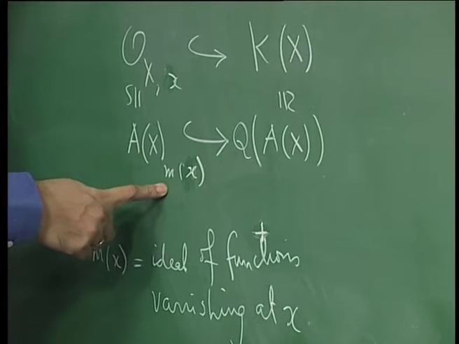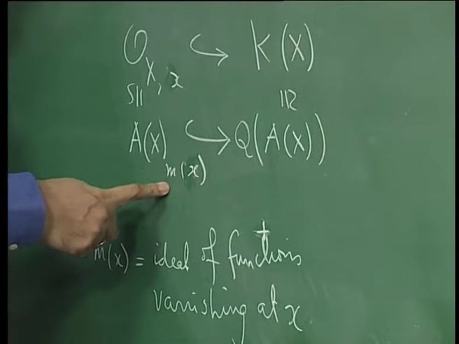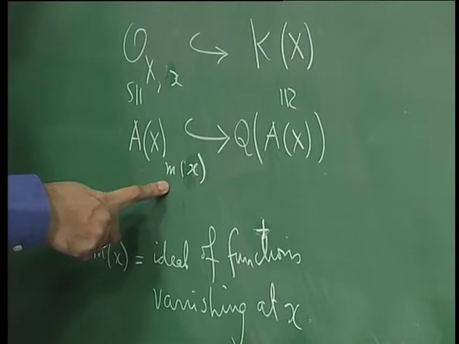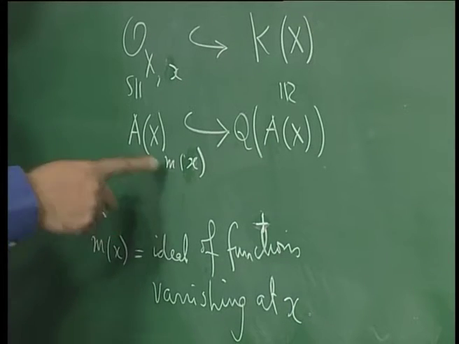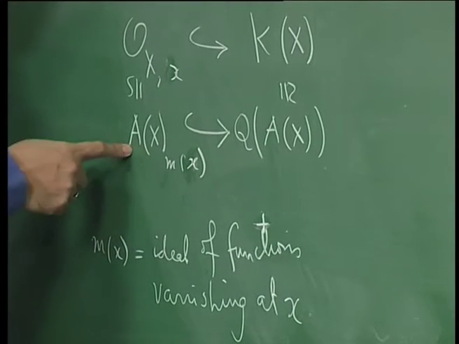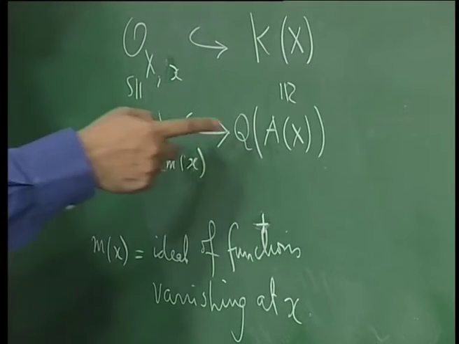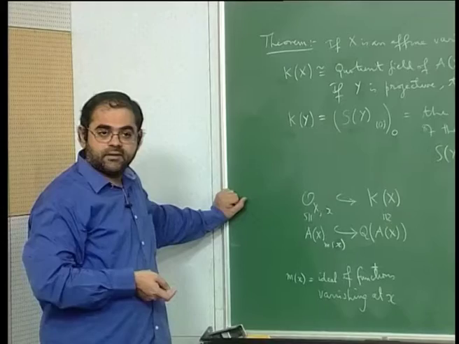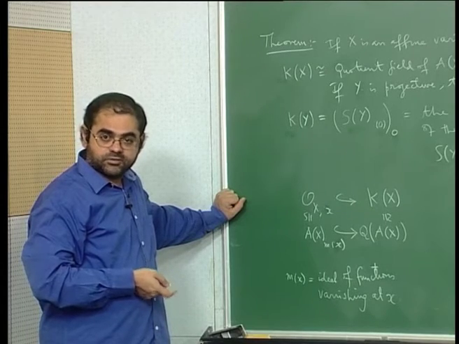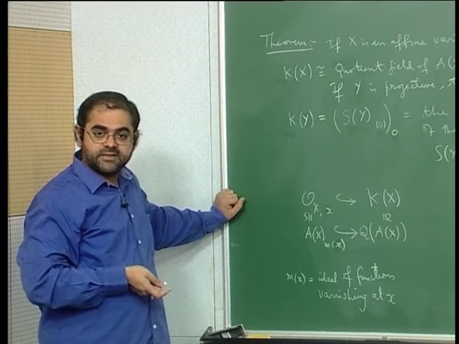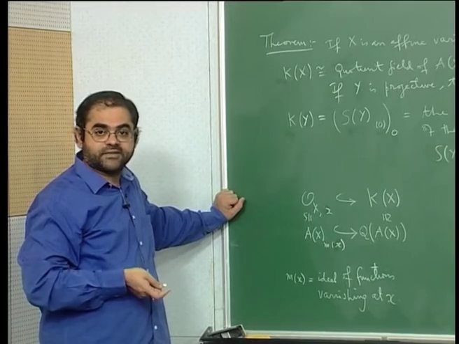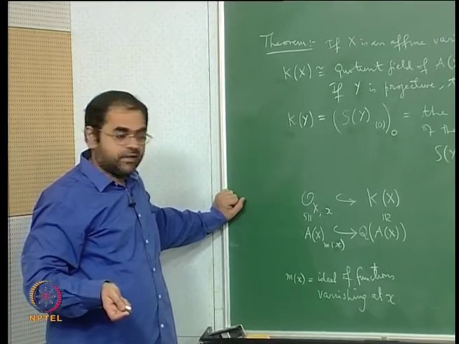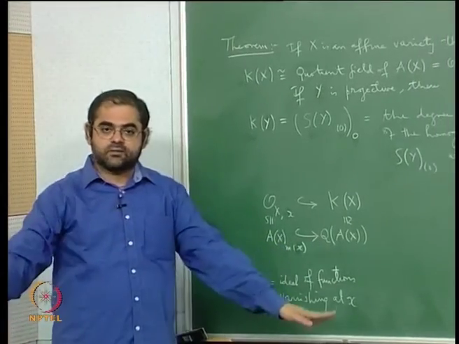You must recall a fact from commutative algebra. It's very easy. If you have an integral domain, then its quotient field will be the same as the quotient field of any of its localizations. In fact, the quotient field is the largest localization.